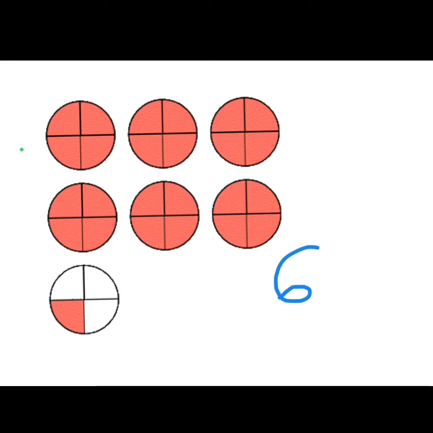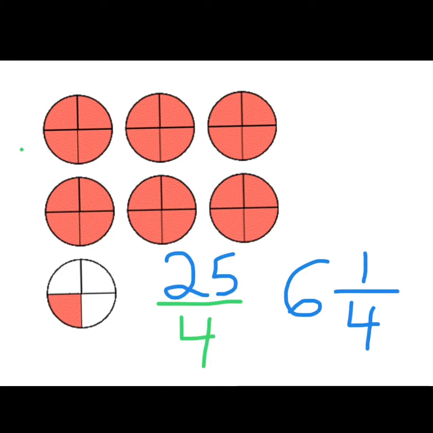Then we count how many pieces of the other circle are colored in red, and it looks like there's just 1 piece that is colored in red. So that's 1 piece out of 4 pieces that are red. Therefore, we have shown that 25 quarters is equal to 6 1/4.